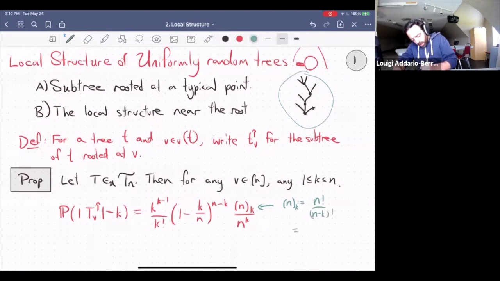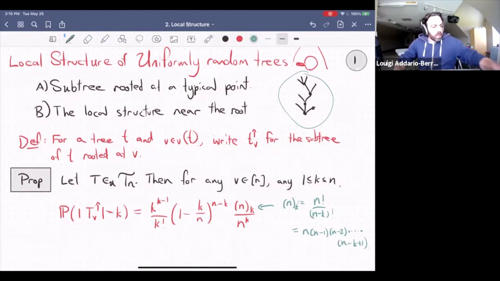But you can also write that as n times n minus 1, n minus 2, and so on down to n minus k plus 1. Right. So is this statement of the proposition clear?